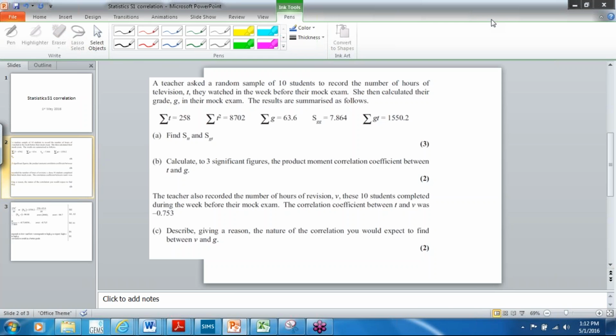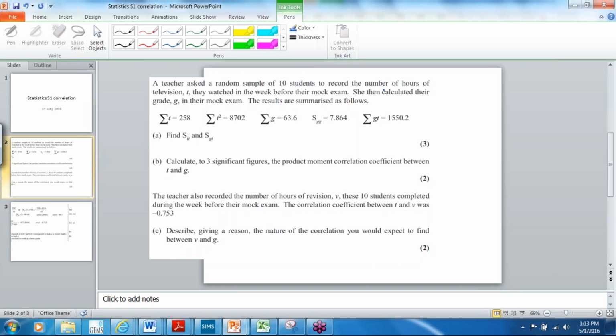Initially, we're told the results of a sample of 10 students who recorded the number of hours of television, T, that they watch in a week before their mock exam, and then the teacher calculated their grade, G, in their mock exam. We're looking at the mathematics that compares the strength of the relationship between how many hours they watch television and their mock exam grade.